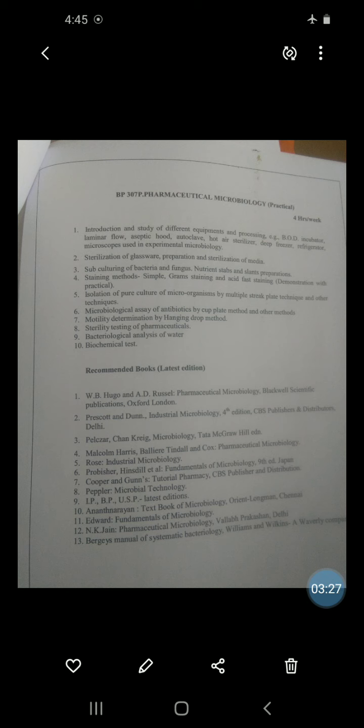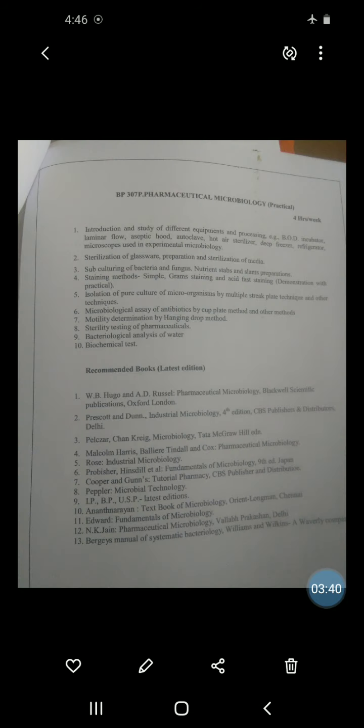Then we will see the procedure. First, take a clean glass slide with a depression in the middle. Then put a drop of pure culture with the help of an inoculating loop. Above the culture put a cover slip and fix its side using Vaseline.